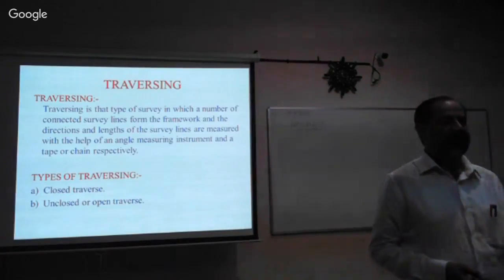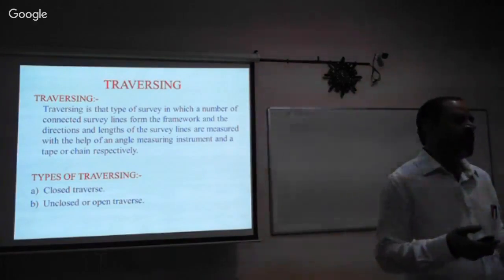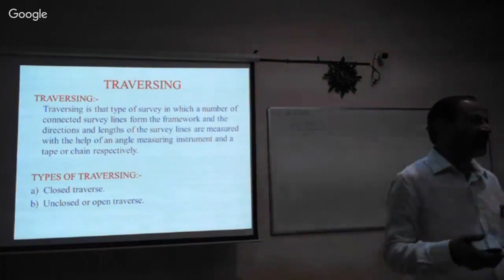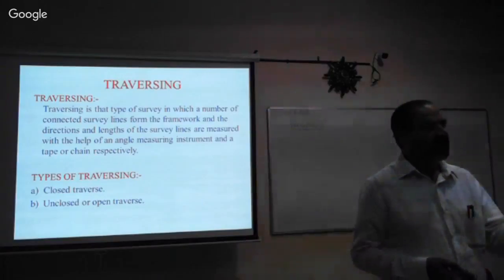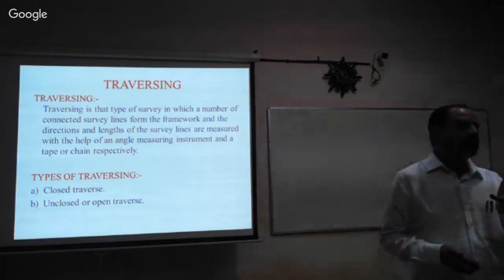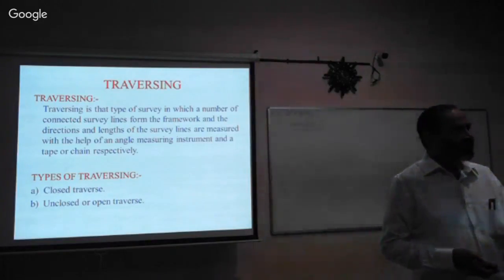Suppose you want to measure the area of a paddy field or any forest area or any land, if you want to calculate the area of a given area, then we go with the closed traverse.